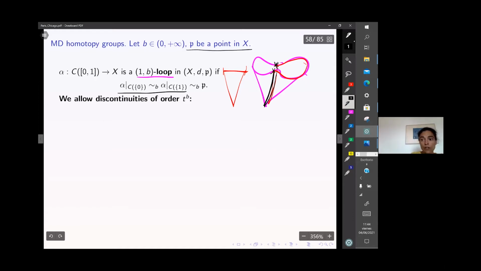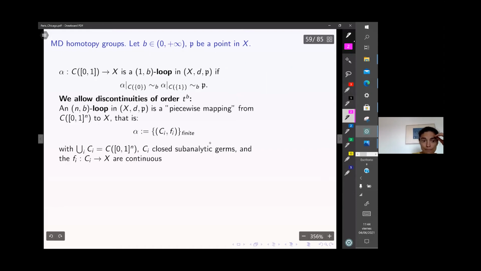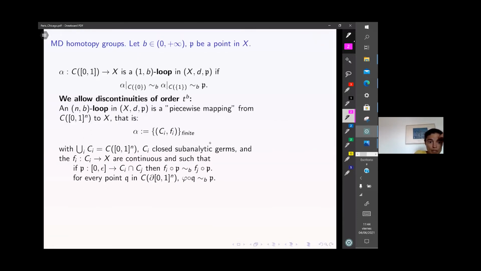And in fact, we allow discontinuities, as I told you before. So we ask this mapping not to be continuous, but we allow discontinuities further than the B. So an n-loop will be defined, as in the general theory, from a square, a cube, an n-cube.